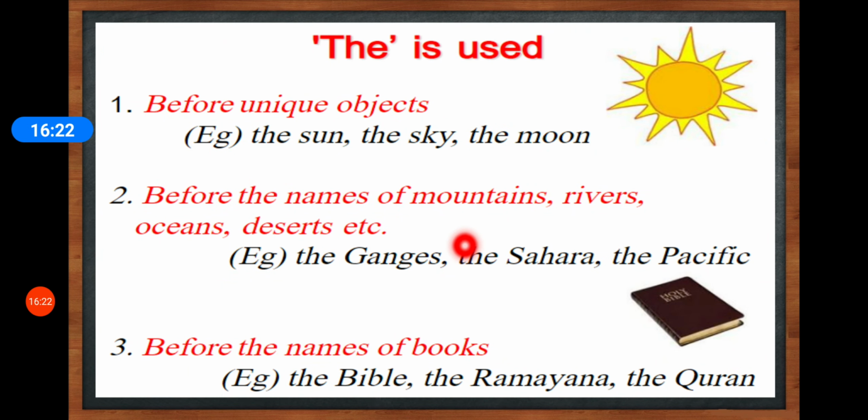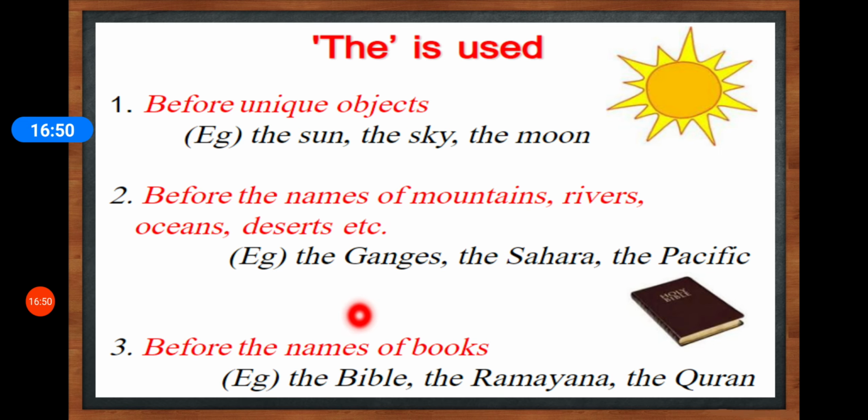Now children, let's have a look at the rules for usage of article the. It's used before unique objects, like one of its kind: the sun, the sky, the moon. The is used before names of mountains, rivers, oceans and deserts, etc. For example, the Ganges, the Sahara, the Pacific.